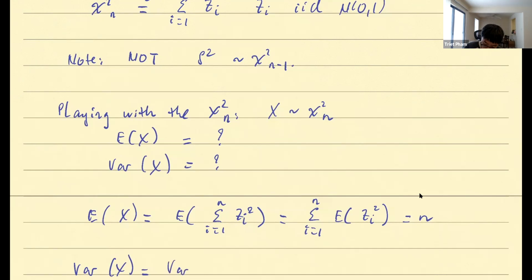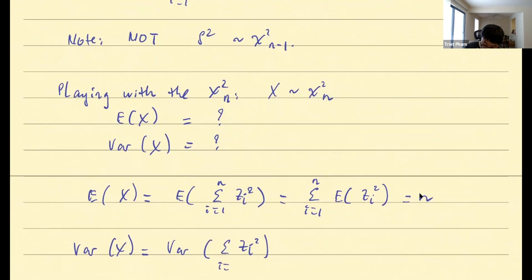In other words, the variance will be, and notice what I said here is universally true, besides the fact that I use the zi square, zi being standard normal. Here I need the independence between the zi, but I have it, so I can do this variance inside without a covariance term.